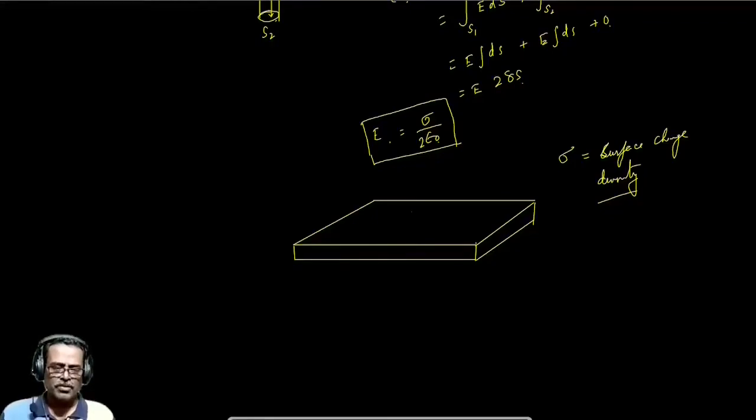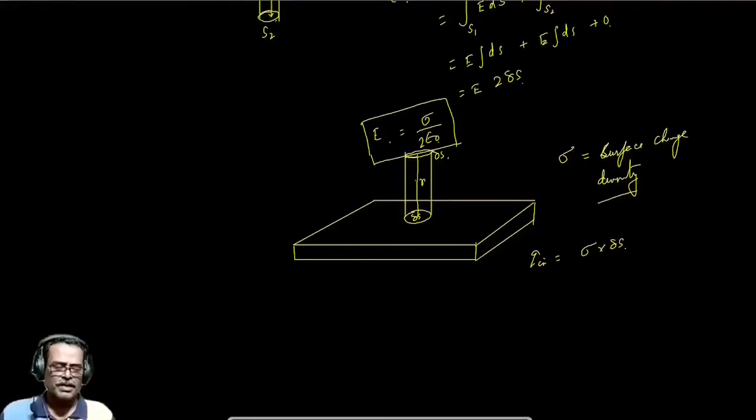Therefore, if we consider a portion del S, and we have to find the field at a point r distance from the surface, Q in is equal to sigma into del S, and we are taking the surface del S just below the top surface of the sheet.